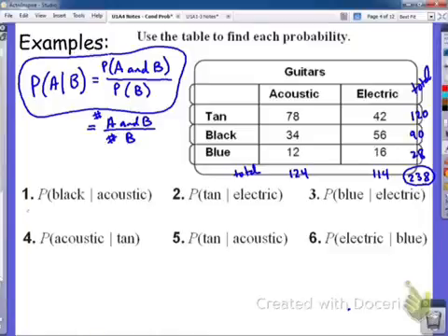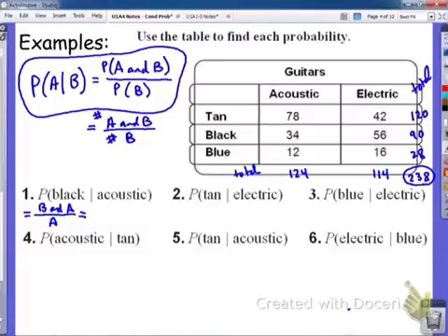So here it is. This is equal to the probability of selecting a black and acoustic guitar divided by all the acoustic guitars. Do we have to write the formula? Just copy what I wrote right here. Okay?